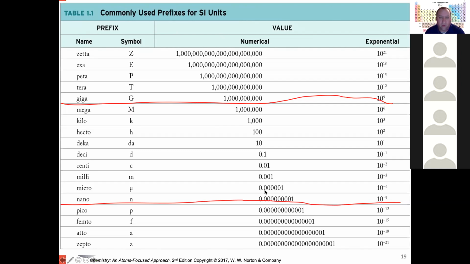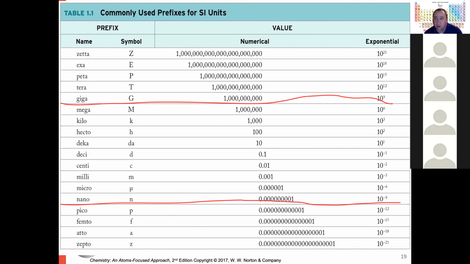For micro, nano, pico, now we're getting into smaller scale kinds of items. So we're talking about things on the well, not necessarily the atomic scale, but the molecular scale, the cellular scale, when we get into micro and nano. For the atomic scale, that's more in the pico range, 10 to the -12th.